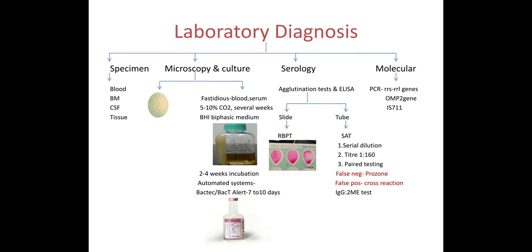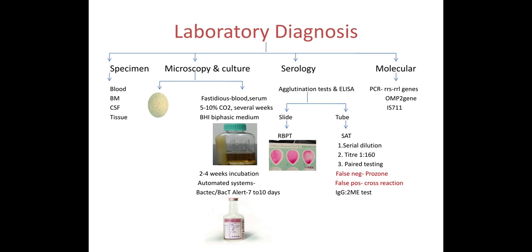Since they take a very long time to grow, repeated subculture from the broth is required, and a biphasic medium or a Castaneda's medium, which contains both the agar and the broth, is the preferred medium because that will prevent repeated subculture. When we are supposed to do a repeated subculture, we have to open the blood culture broth repeatedly and subculture from the broth onto a solid agar plate.